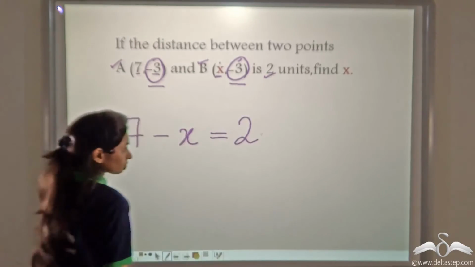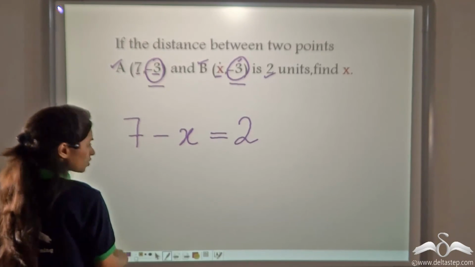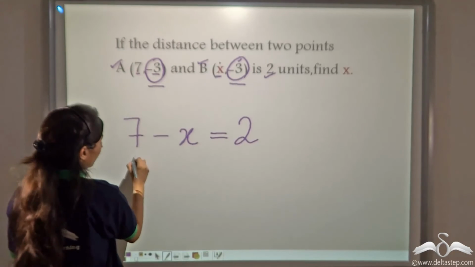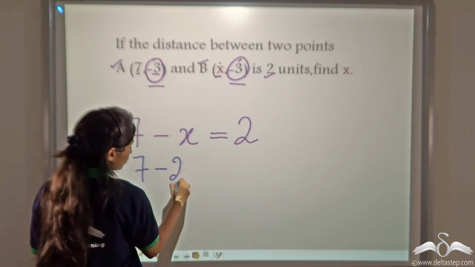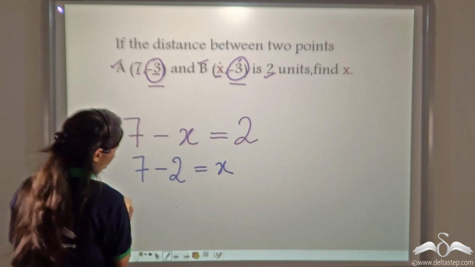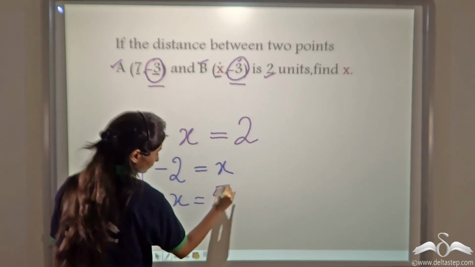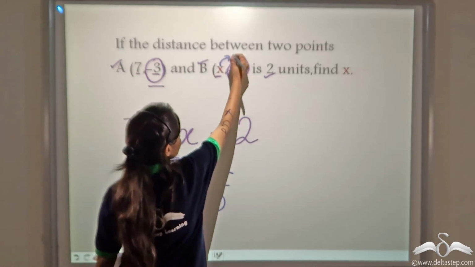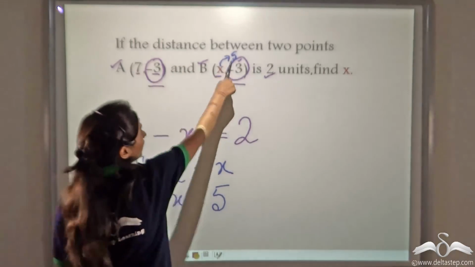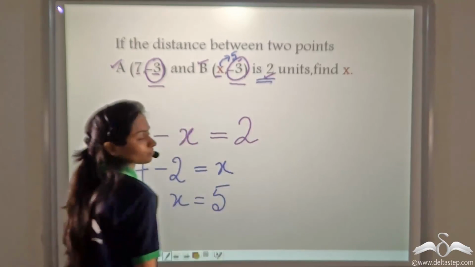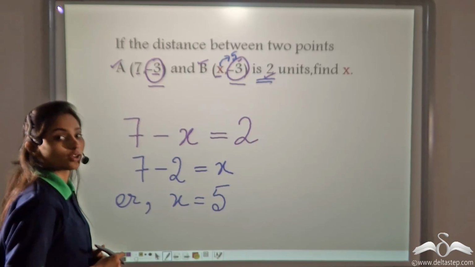That is 2. So now in this equation, only x is missing. So we can find out x easily. What we'll do? 7, x goes there, 2 comes here. So 7 minus 2 will give us x, or x is equal to 5. So you can place this x as 5. Now verify if you want. 7 minus 5 will give you the distance 2. So now you know how to find out the distance between 2 points if they lie on a straight line.